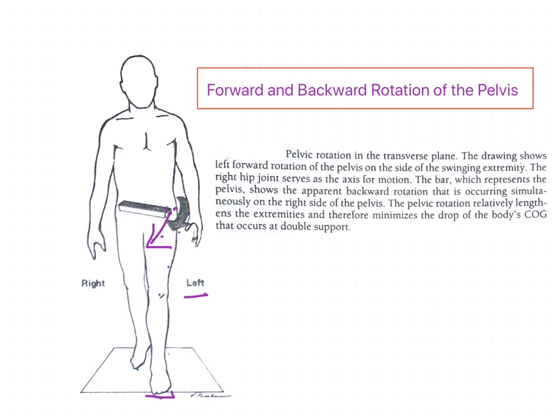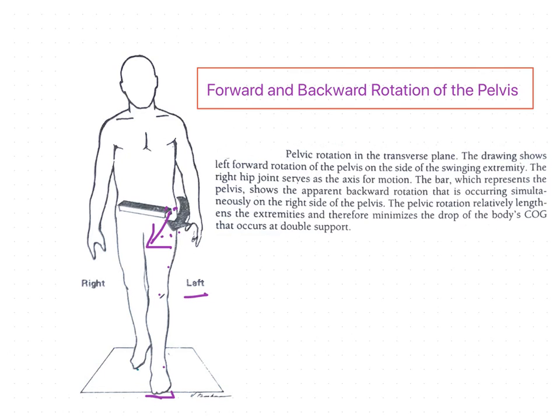Okay, so the pelvis begins to move forward at pre-swing and continues as the swinging extremity moves forward during the initial swing. At the point of maximal elevation of the body's COG in mid stance, the forward pelvic rotation has brought the pelvis to a neutral position with respect to rotation.